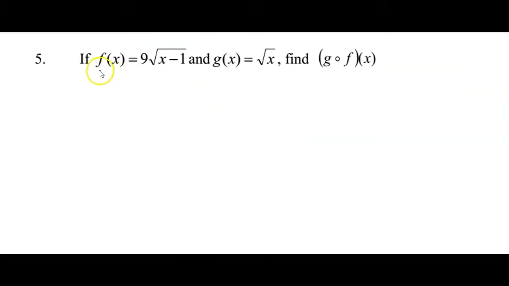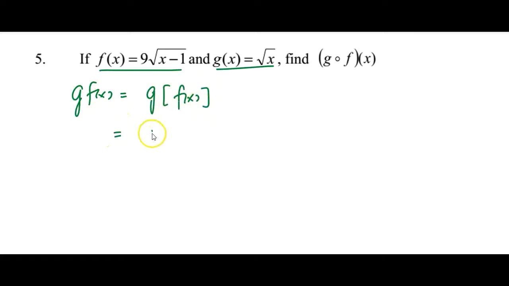For this example, you are given f(x) and g(x), and need to find g(f(x)). So again, for g(f(x)), I would like to put my f(x) inside this bracket. So f(x) will be replaced by 9 square root of x minus 1.